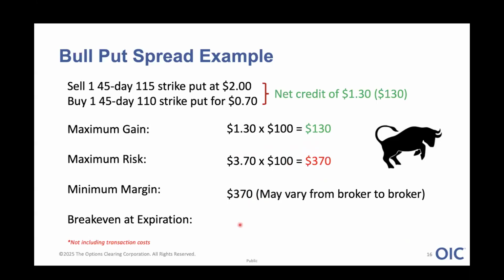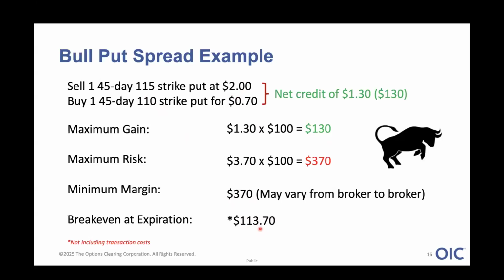Your break even at expiration is if the stock is at 113.70 or higher. In other words, if the stock closes at 113.70, you're going to get assigned on this 115 put. You're going to be long shares from 115, but remember you took in $1.30, so 115 minus $1.30 is 113.70. That's where you break even.